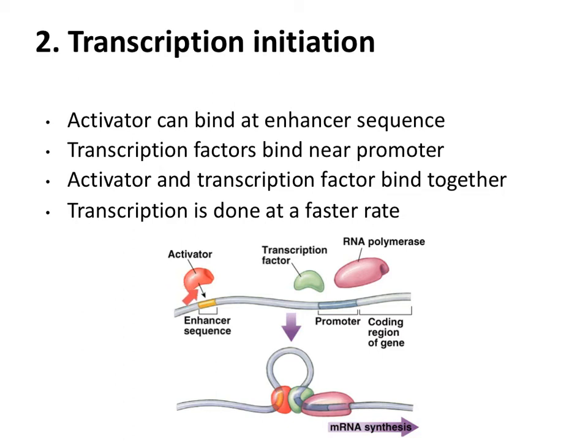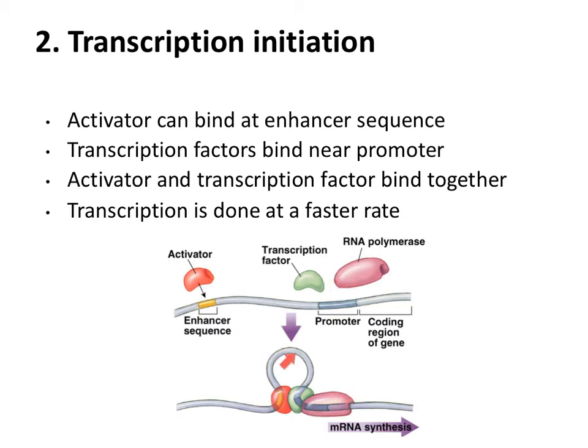When the activator binds to the enhancer and the DNA bends with something called a bending protein, it causes the DNA to bend like this, then that activator is going to get really close to this little green protein. This is called the transcription factor. Remember that from earlier? That helps the RNA polymerase to bind.